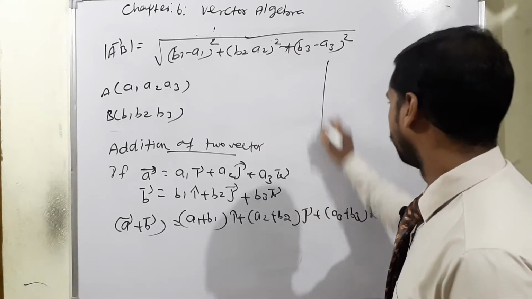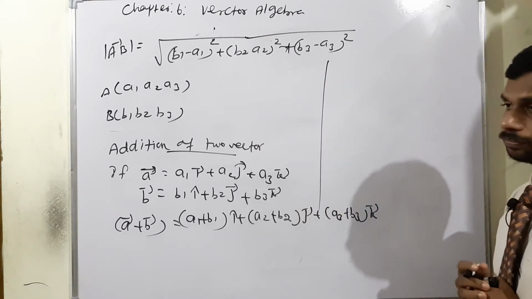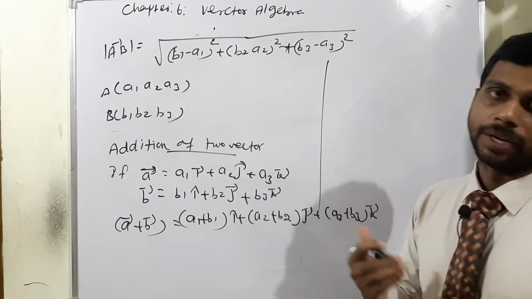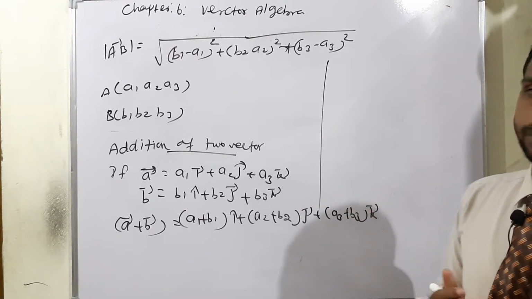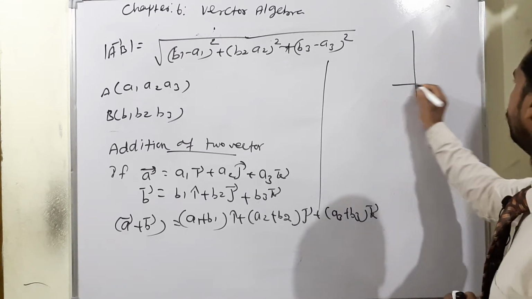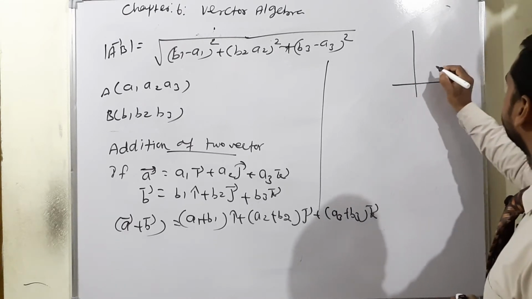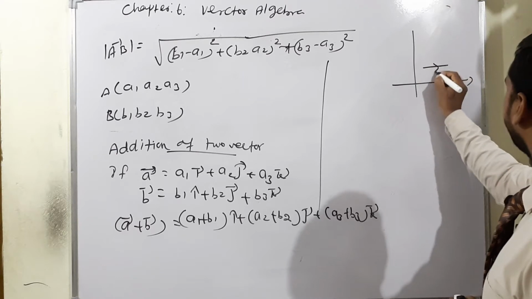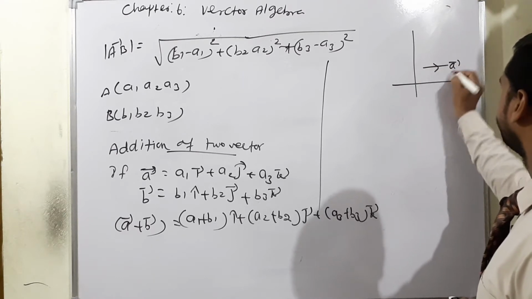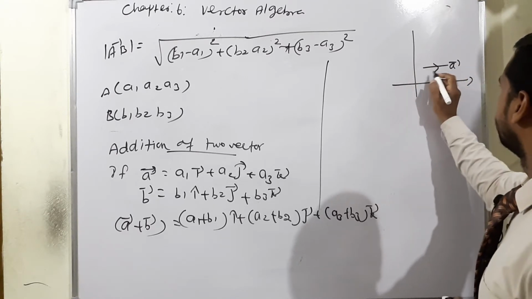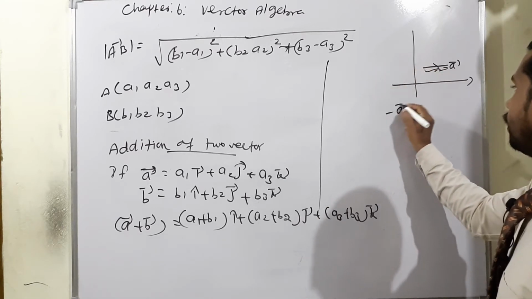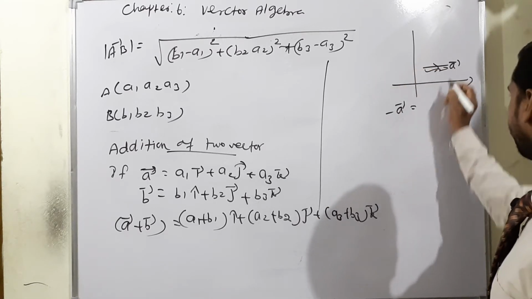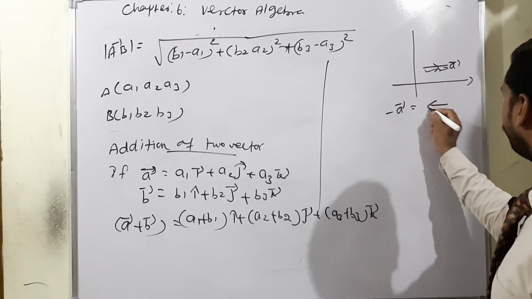Then another important thing: how to find negative A vector, positive 2A vector, and negative 2A vector. For example, we have a 2D plot where the arrow is on the positive side; that is A vector. Negative A vector means the same size, but the arrow is in the opposite direction.